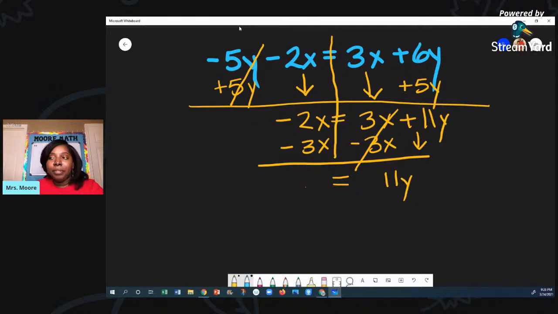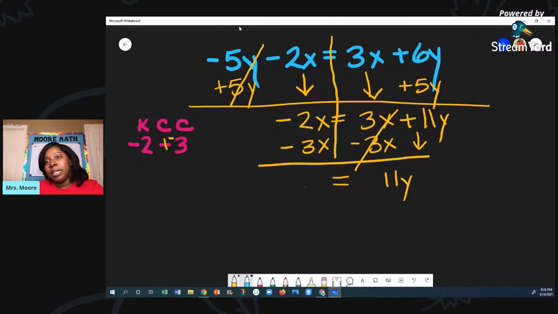All right, so I have 11y on this side. Negative 2 minus 3. So earlier we talked about integer rules, okay? Now we didn't get to subtraction, but we do something called keep, change, change. We keep that first number the same. We change subtraction to addition. And we change 3 to its opposite.